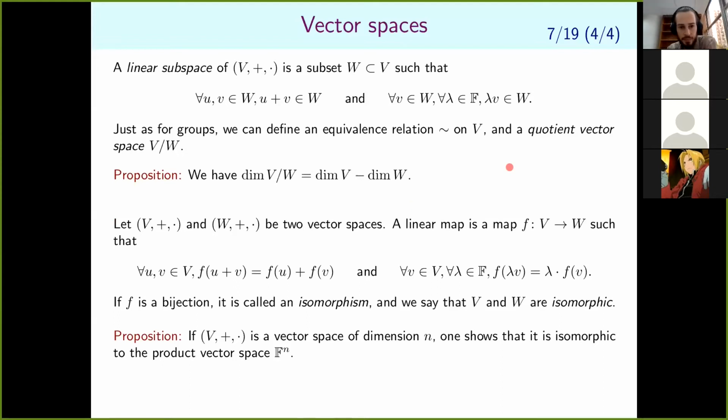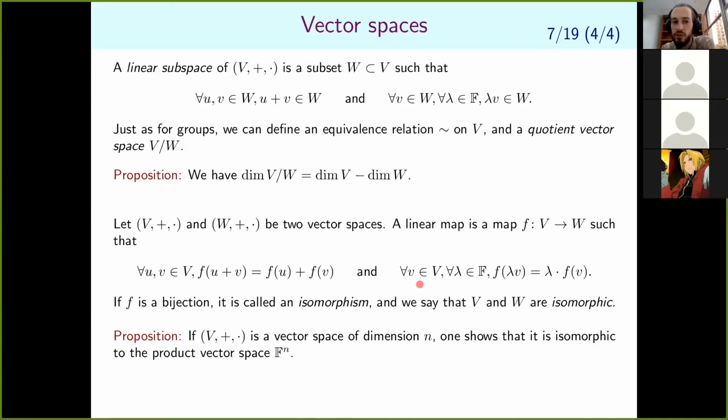And at last, I define linear maps. A linear map between two vector spaces V and W is a map such that the image of the sum of two elements is equal to the sum of the images of the elements, and such that the image of an element lambda V, where lambda is a coefficient, is equal to lambda times the image of V. These are very usual definitions.